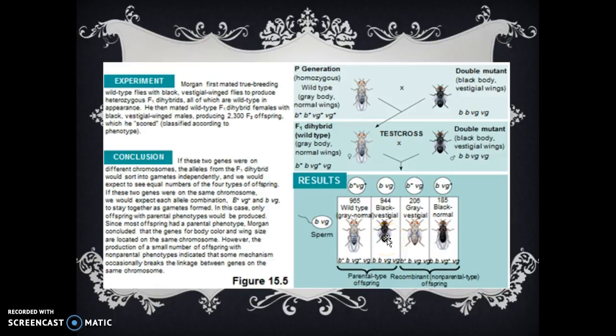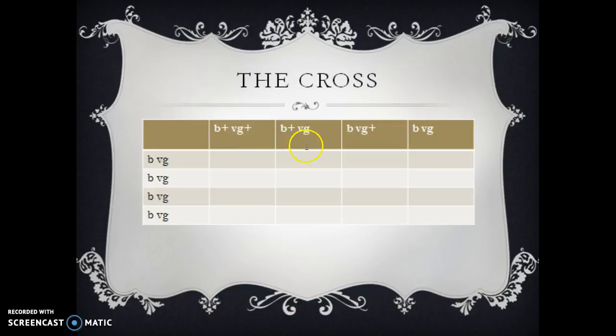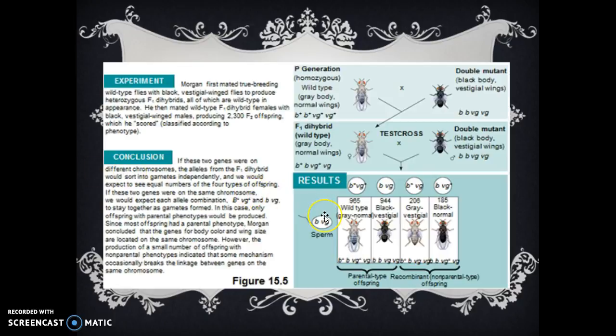What he actually got, though, was a few that had the recombinant genotype, so B plus B, VG VG, and the B B, VG plus VG, which we said right here shouldn't exist because of the linkage. Well, his actual numbers kind of hinted at, well, they are linked. So, in essence, he was right.